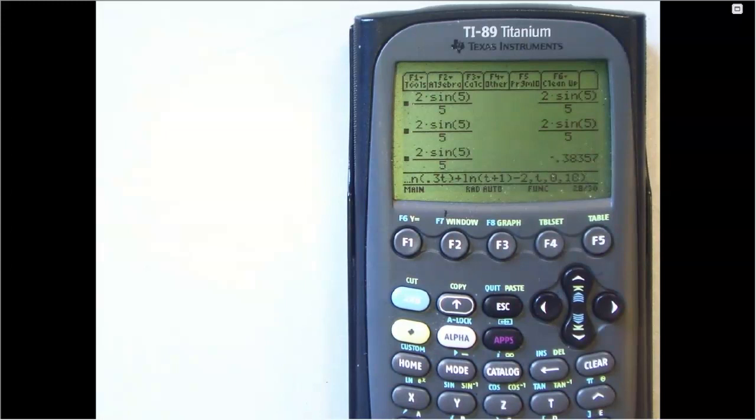I did it in T's, so I put a T here. You did it in X's, you put an X there, but you can't mix and match. You can't put an X there and a T there. It'll give you an error.